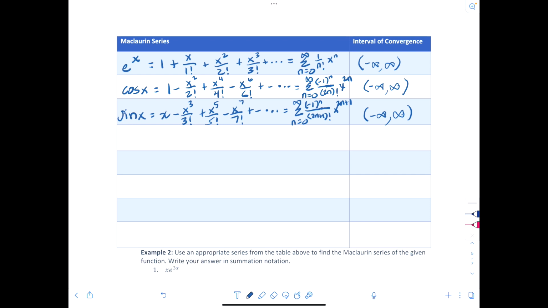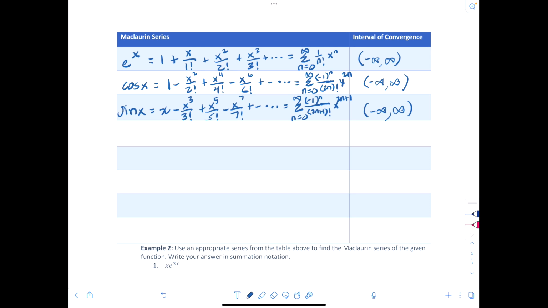Good so far? All right, so arctangent of x, inverse tangent of x, is equal to. So this one is real similar to the sine of x power series, except it doesn't have factorials, but it has all the same powers, so that's kind of nice.